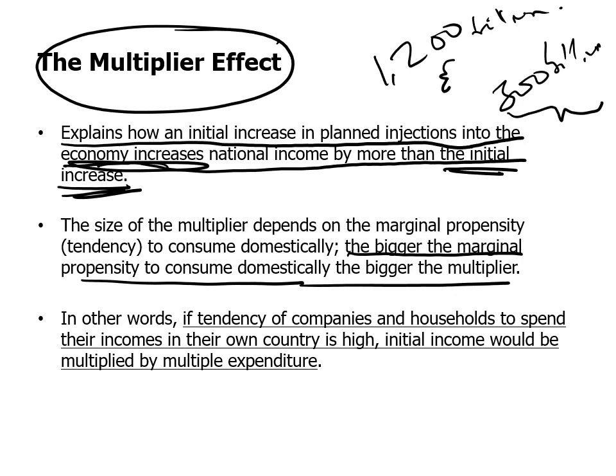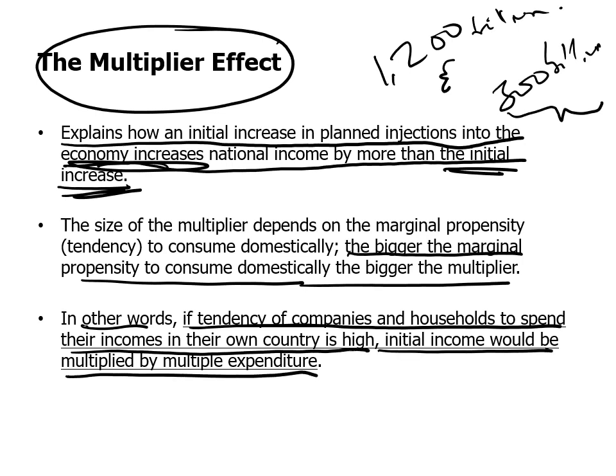So in other words, if the tendency of companies and households to spend their incomes in their own country is high, initial income would be multiplied by this multiple expenditure. Everyone would be spending in their own country, and we would have this multiplier effect. So multiples of spending in our own economy, multiple expenditure, and hence the term multiplier effect.